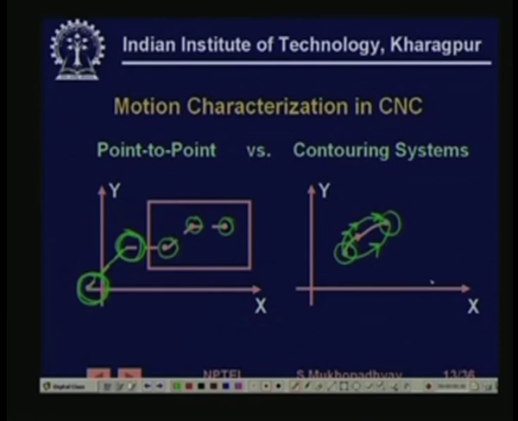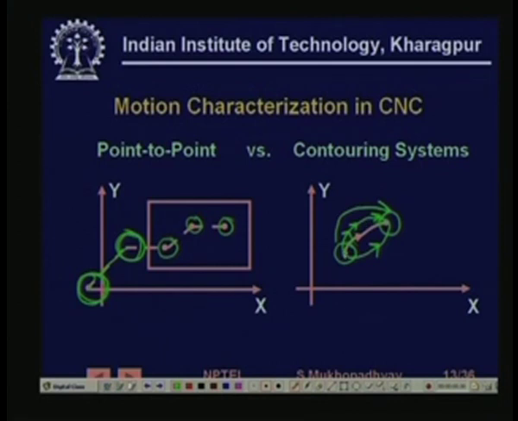That depends on what you have specified. If you have specified a clockwise arc, then this will be cut. If you have specified an anti-clockwise arc, then this will be cut. These are called contouring systems.